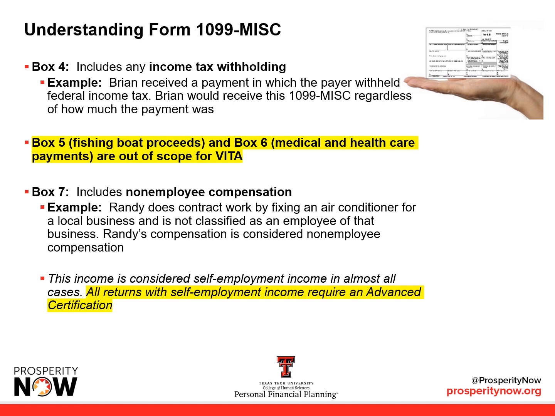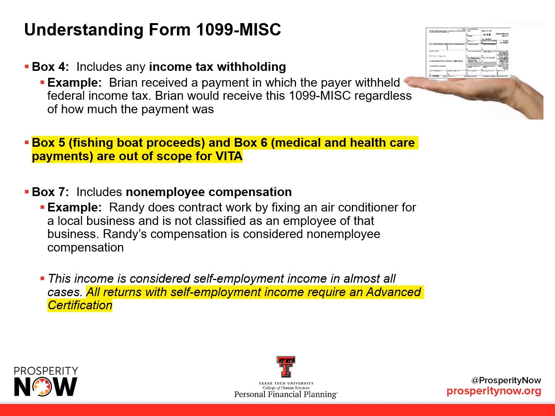Box 4 includes any income tax withholding. For example, Brian received a payment in which the payer withheld federal income tax. Brian would receive this 1099 miscellaneous regardless of how much the payment was. Box 5, fishing boat proceeds, and Box 6, medical and healthcare payments are out of scope for VITA.